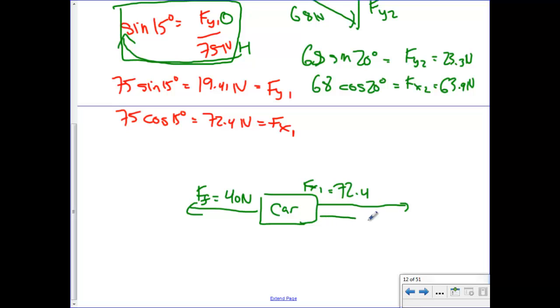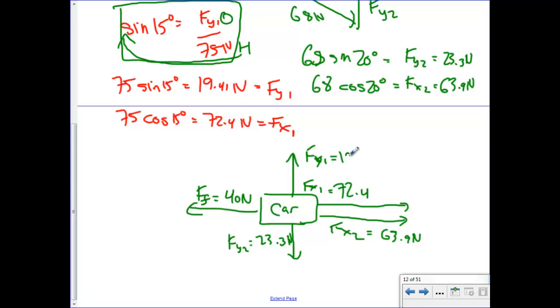The other guy was pulling in this direction as Fx2, and he was going 63.9. This guy would move the car slightly downwards at, what was it, 23.3? That would be Fy2. And this guy was pulling the car slightly upwards at 19.41.